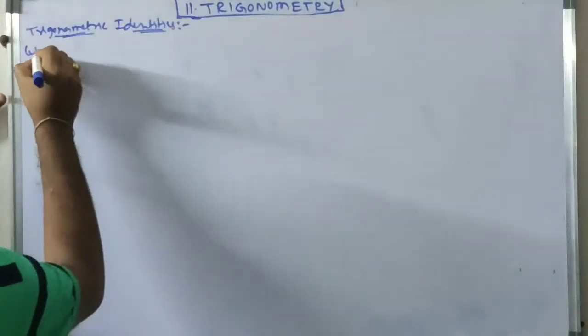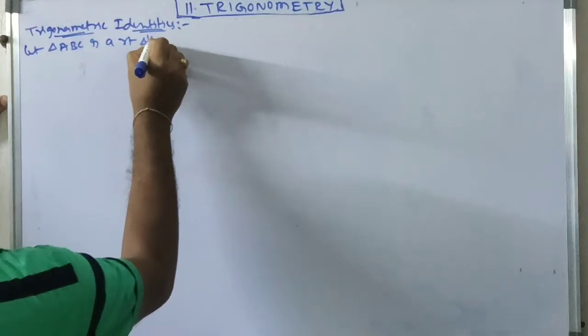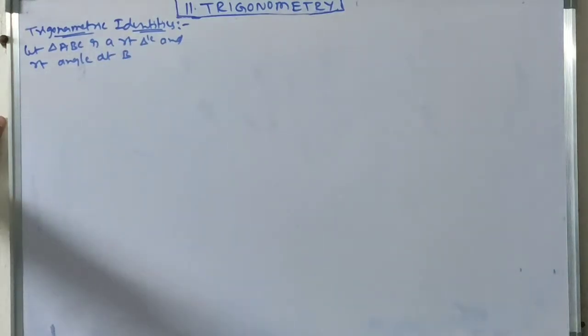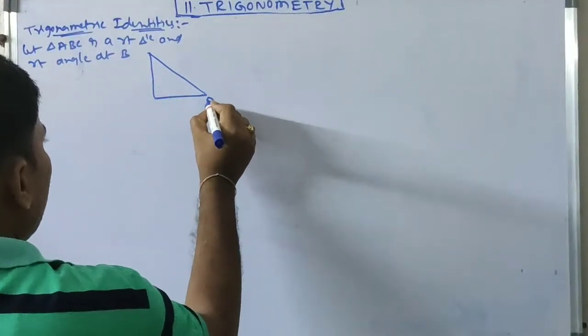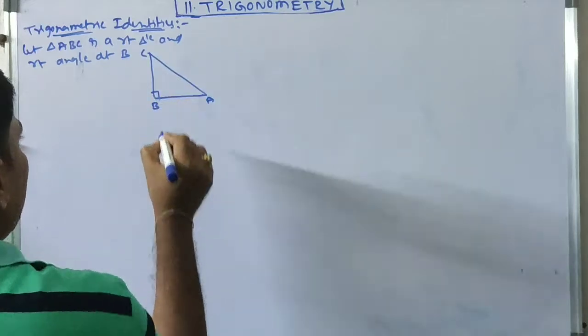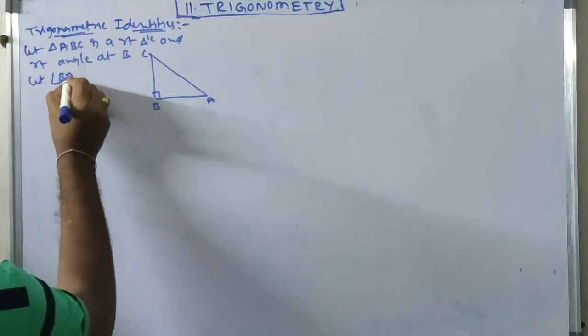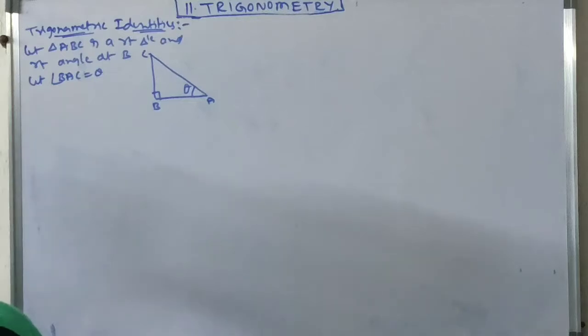Let triangle ABC be a right triangle with right angle at B. So this is the right angle triangle ABC. Let angle BAC equal to theta.